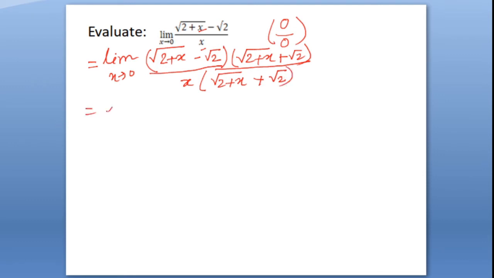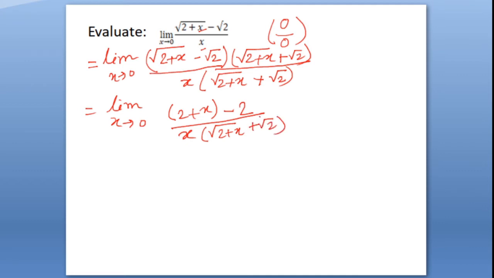Then if we multiply we will get limit x tends to 0, 2 plus x minus 2 by x into root over of 2 plus x plus root over of 2.